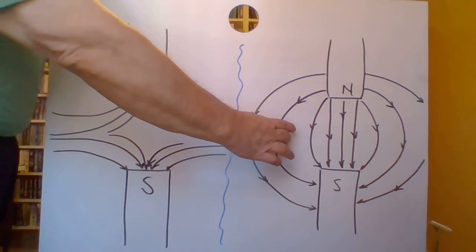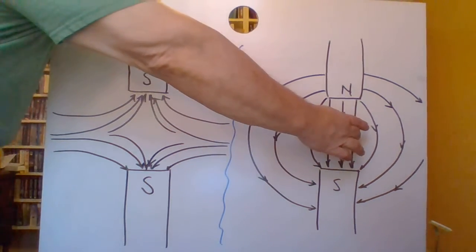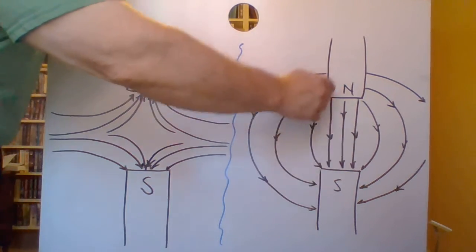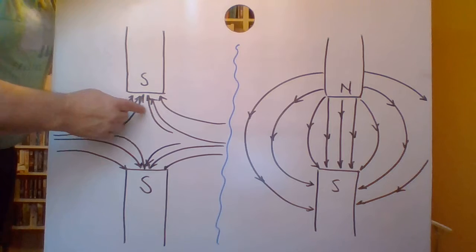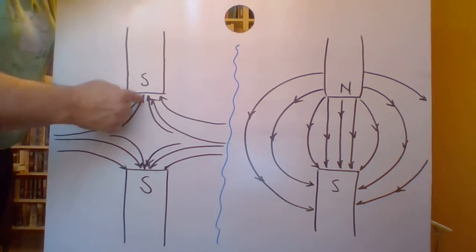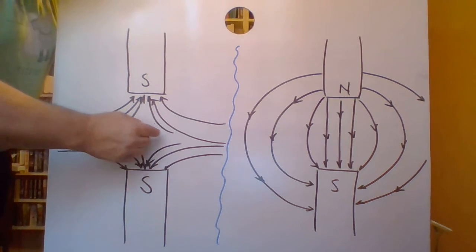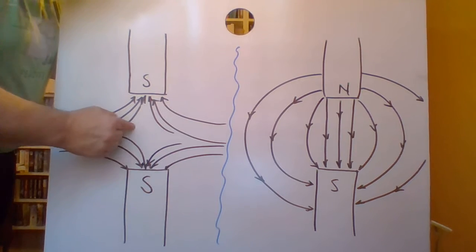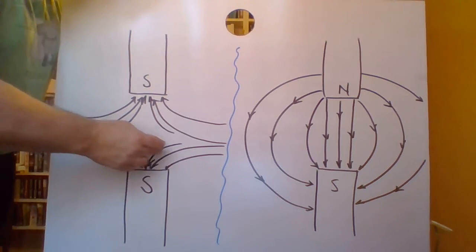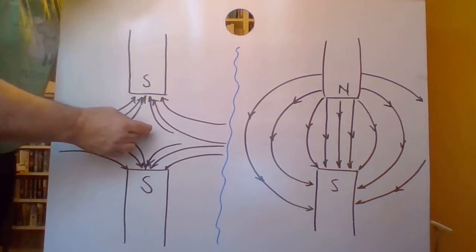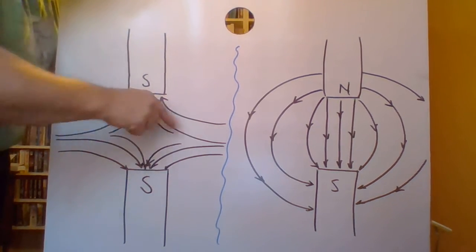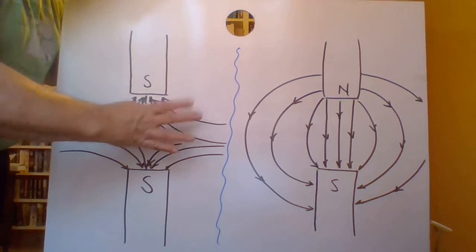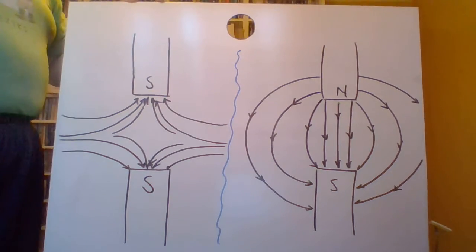Notice that out here, these lines of force are separated, but in here they're relatively close together. So this is indicating a strong field. Notice that the field in here is strongest right at the poles. I could draw more in here, but it would get confusing. This would be a point where essentially the field is zero because it's going all away, all in all directions equally. Okay?